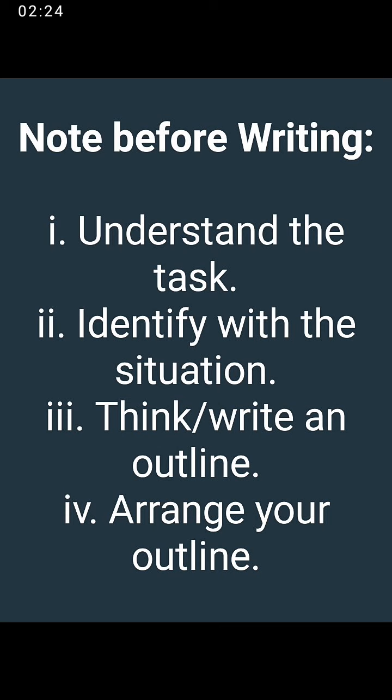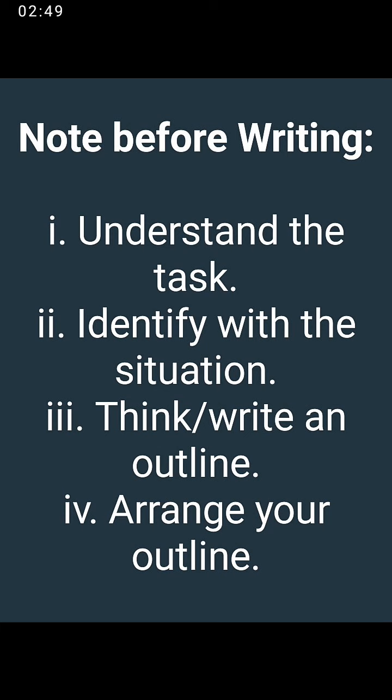So in any question on the informal letter, and in most cases, some of these steps here would go a long way in helping us to write richly and proficiently any form of essay.